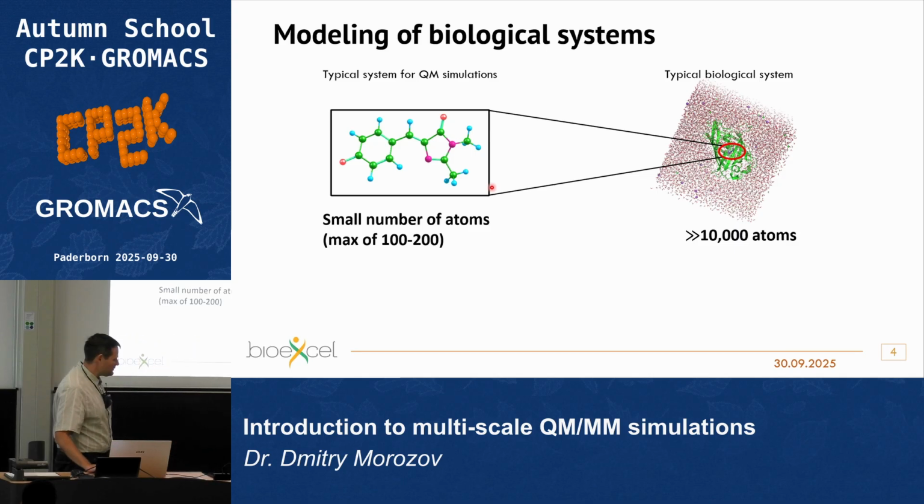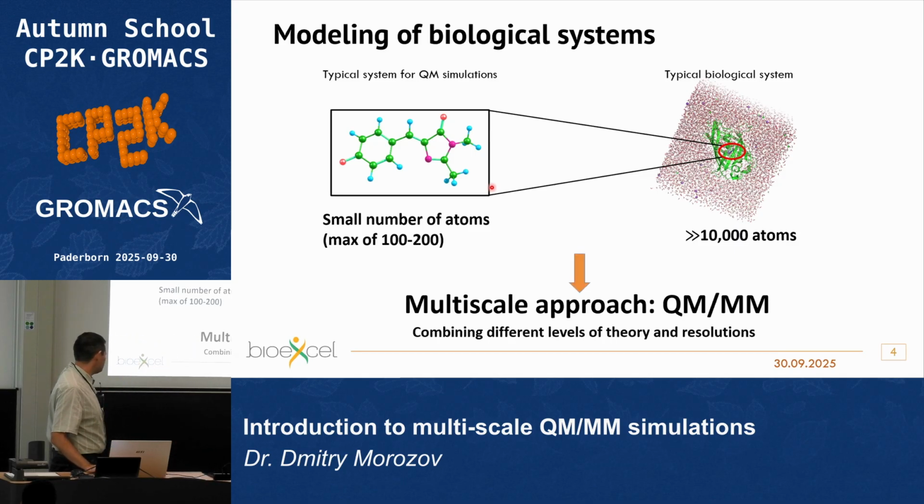Then people came to the question of how you can do this. And they came to a solution which is called a multiscale approach, or in this case, QM/MM. Basically, the idea is to combine different levels of theory and different resolutions, both in terms of dynamics, I mean time resolution, and space resolution, and combine them in one simulation.